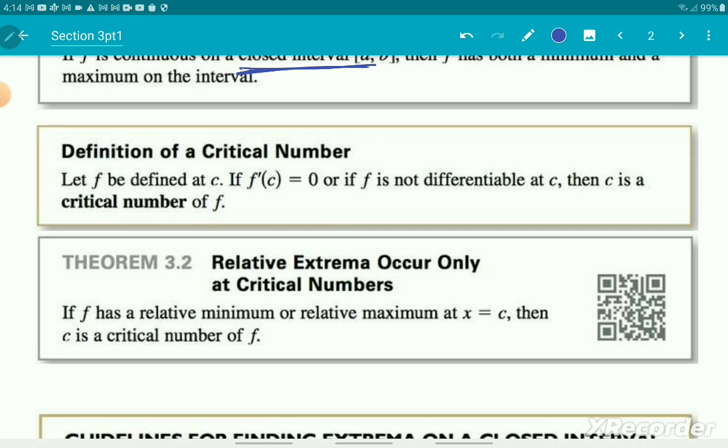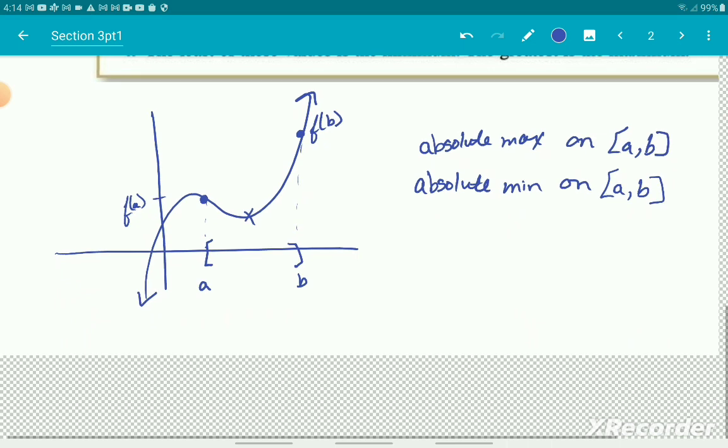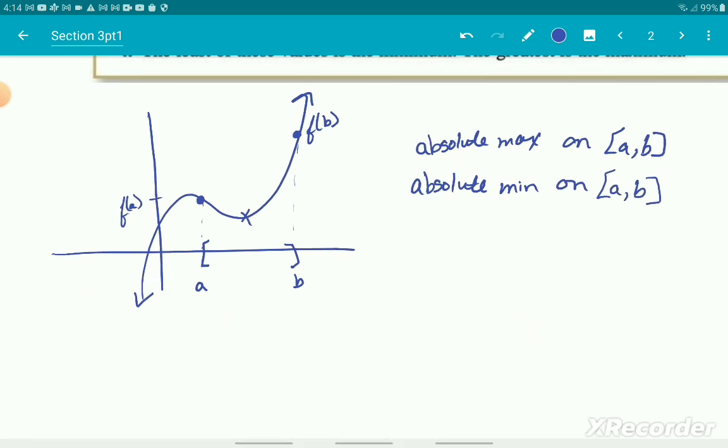Now, how would we go about finding extrema? Could we use calculus to do that? And the answer is yes, we can use calculus to do that. So if you think about the definition of a derivative, the derivative gives us the slope of a secant line, a tangent line.